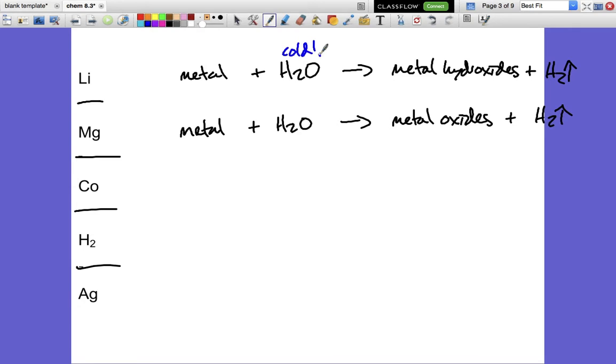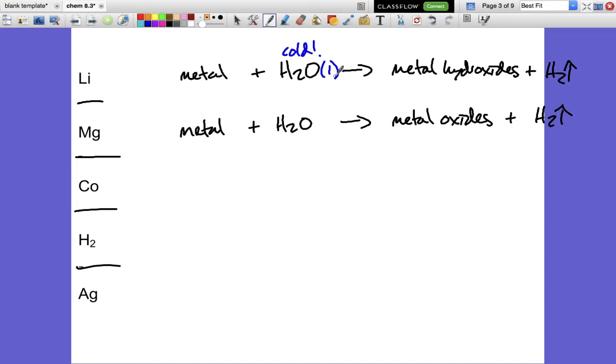Now, typically, I'm going to indicate that that's cold water in a couple different ways, right? I could say that it's a liquid, right? Because actually, that is relatively cold in terms of temperatures, right? Water is a liquid at room temperature, and that's not hot water, obviously, right? So, cold water, right? I could just say that that water is liquid.